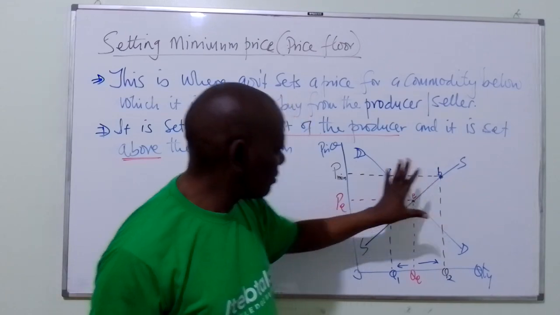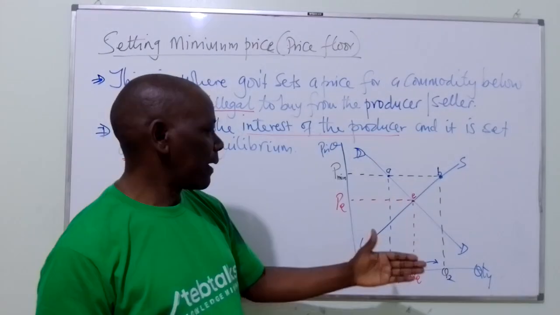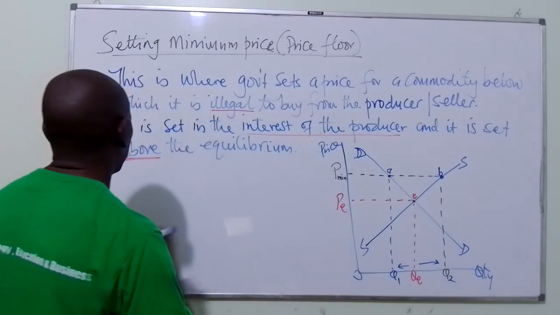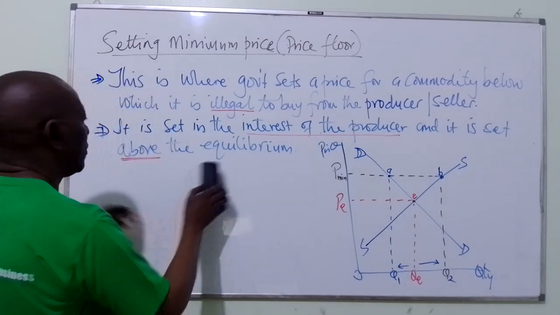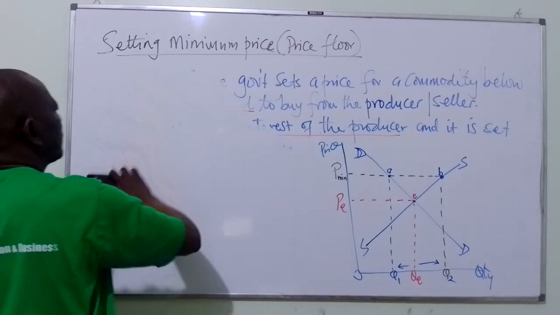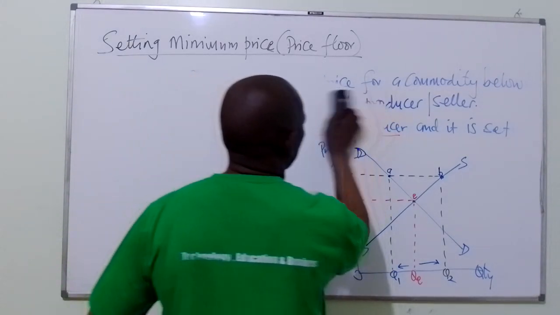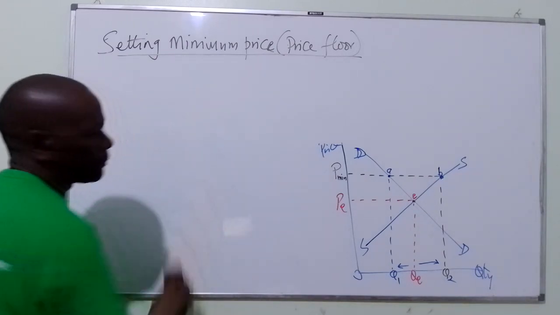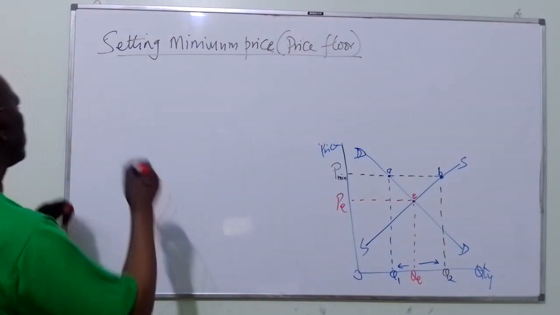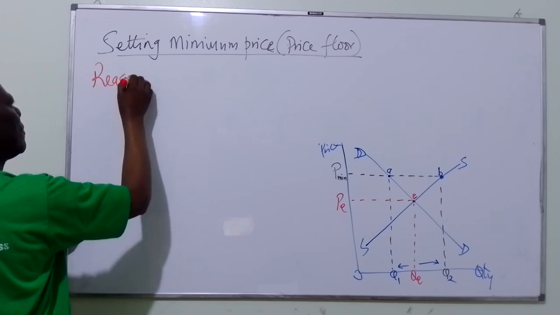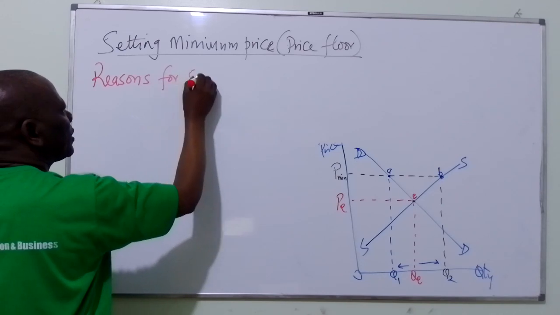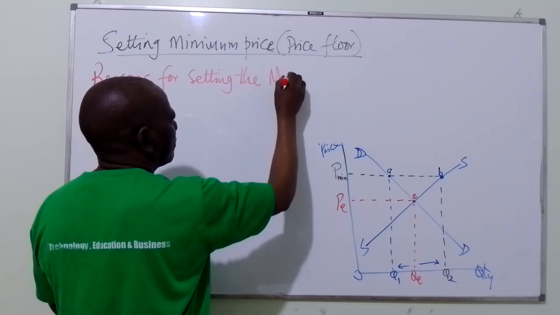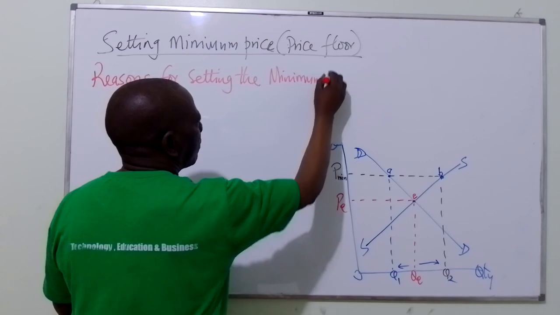Now, before we interpret this diagram and all the adjustments that have come about, we have to look at the reasons. So we say reasons for setting the minimum price.